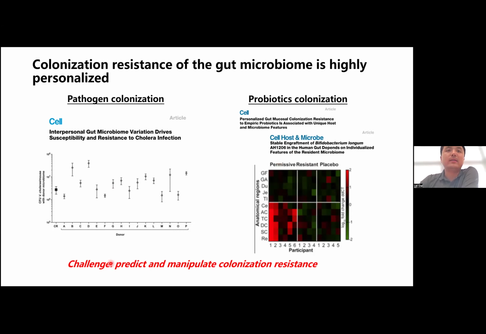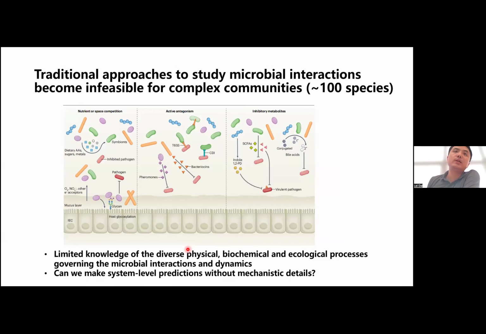So the challenge, I think, is, based on the huge variations among the gut microbiome, can we predict and manipulate colonization resistance? The traditional microbiology approach becomes infeasible for complex communities like the gut microbiome, around 100 species. Microbiologists usually start with understanding the molecular mechanism.